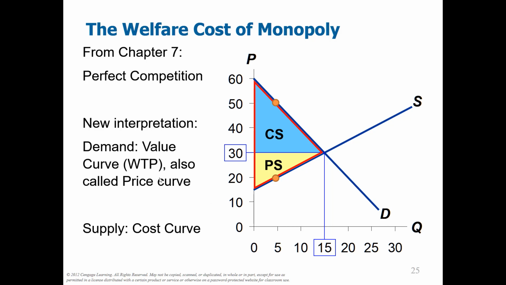Now, the supply curve, we also had a new interpretation. For instance, consider again Unit 5. The minimum price the firms are willing to accept to sell the marginal Unit 5 is 20. I know that because of the supply curve. Now, the minimum price the producers are willing to accept is enough to cover the cost.